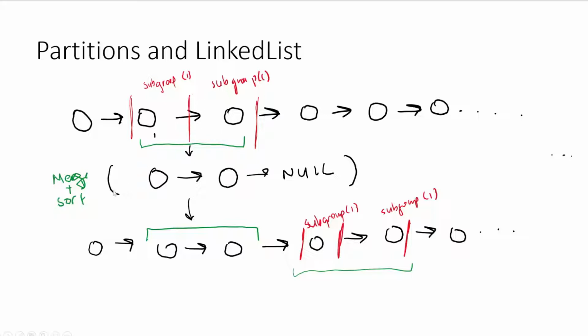Then we're going to merge and sort those 2 specific pairs of subgroups of size 1. And once we apply the merge function on those 2 subgroups, then we can go to the next pair of subgroups, and we're going to assume that they will be merged and sorted after we have called the merge function.